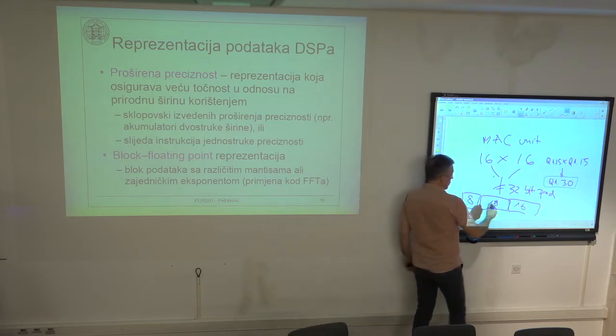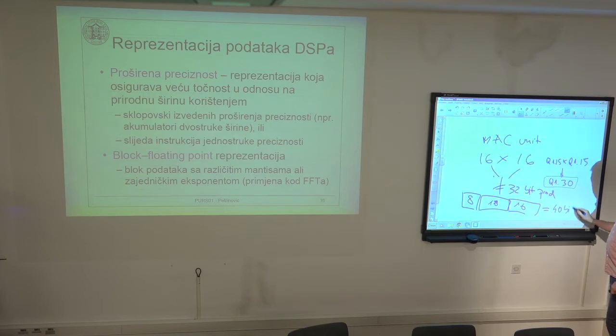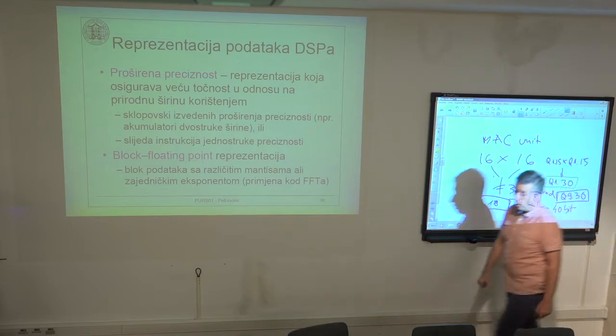And for that reason, the total width of the accumulator is 40 bits. And the representation would then be Q9.30. So I have these additional 8 bits on the left side to take care of the overflows.